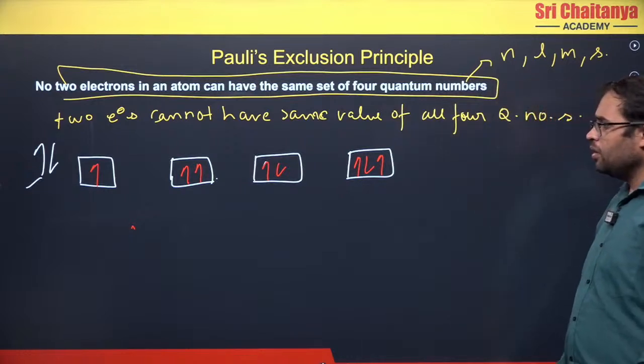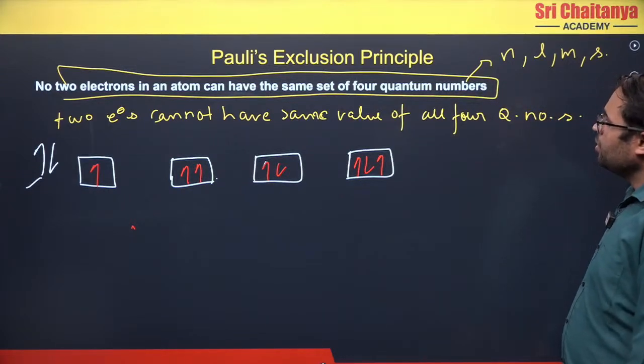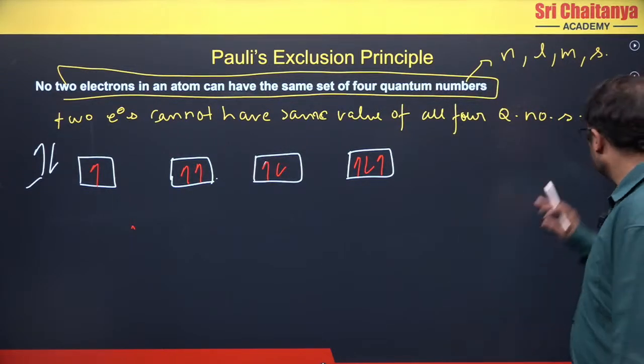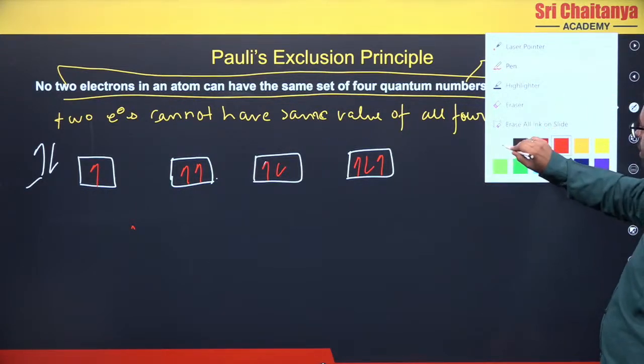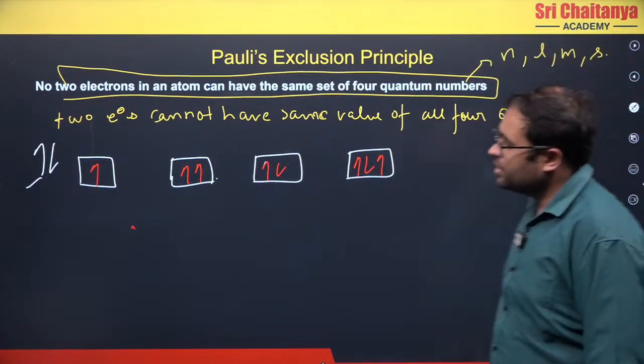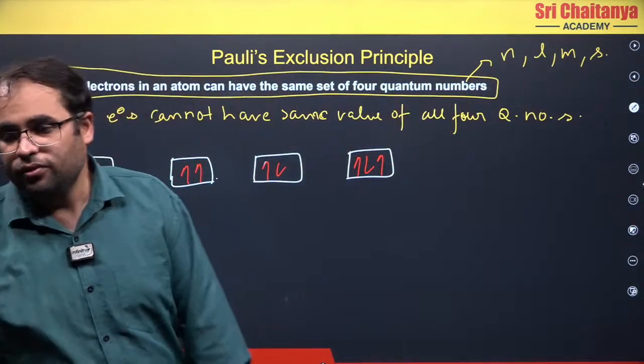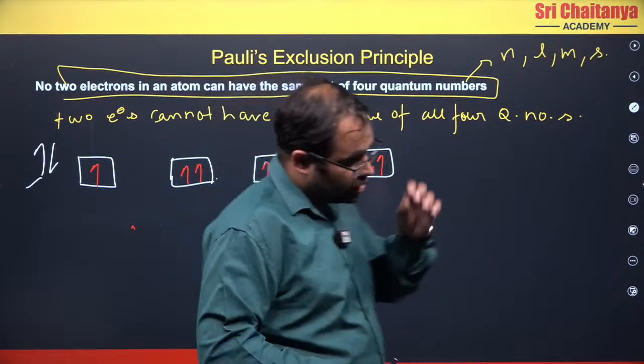Now let us see how it helps. Let us write the value of quantum numbers for each of these situations.